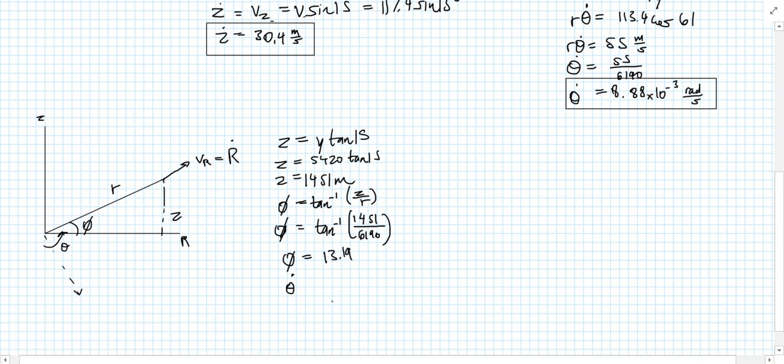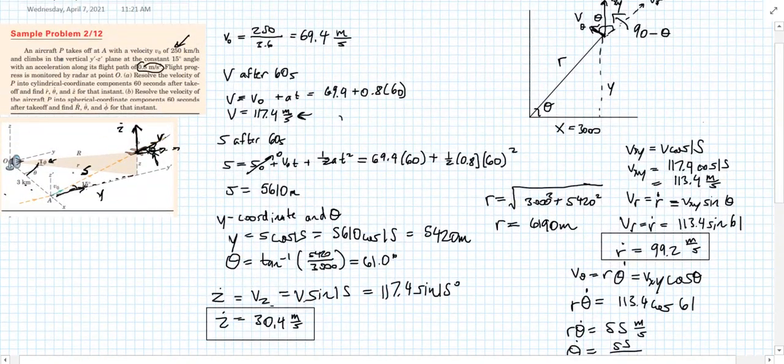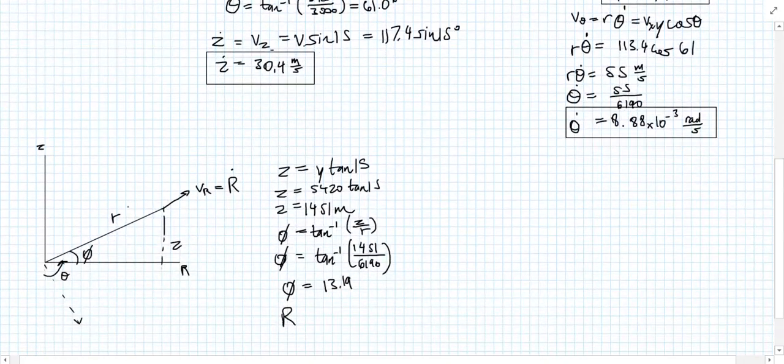Next, we want to find our theta dot. No, we don't want to find our theta dot. We want to find our big R. Before, this is the r we were finding, but this is the big R, so I got a little confused there. This is big R, down here is little r.